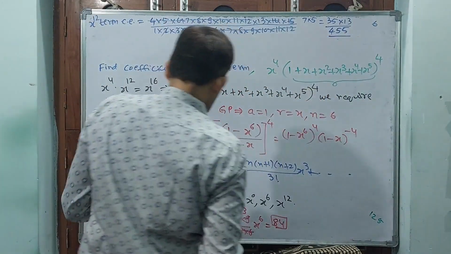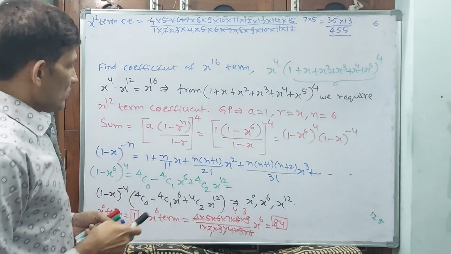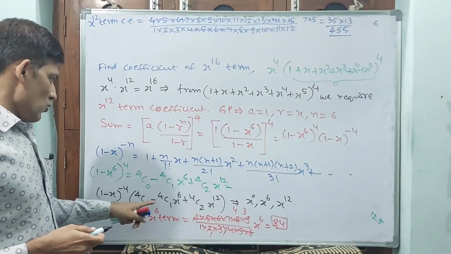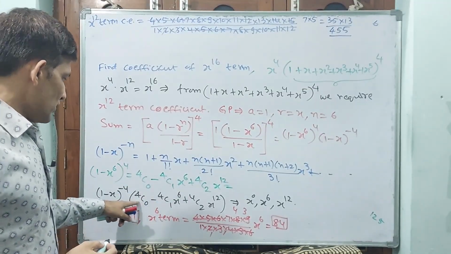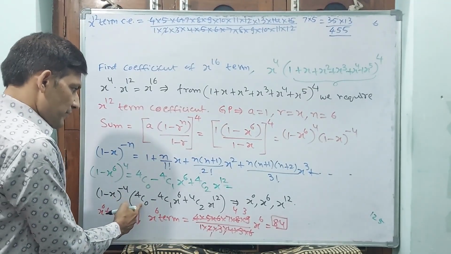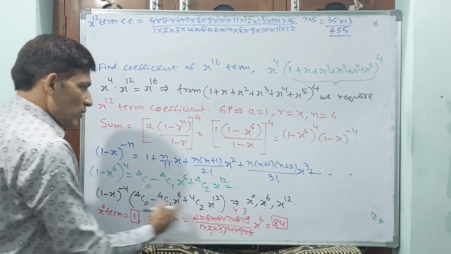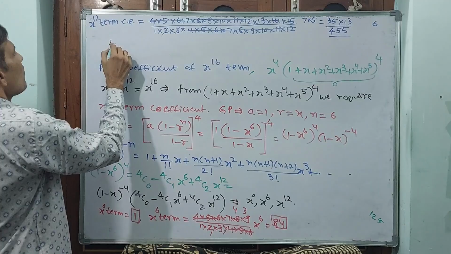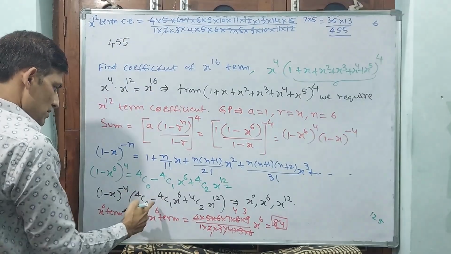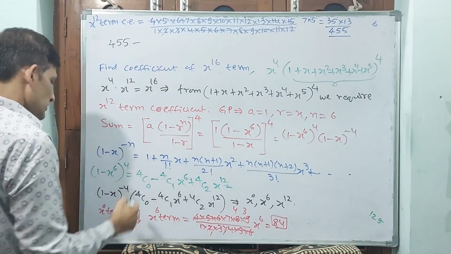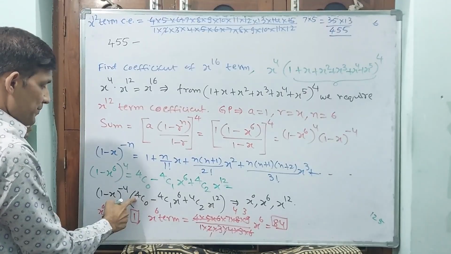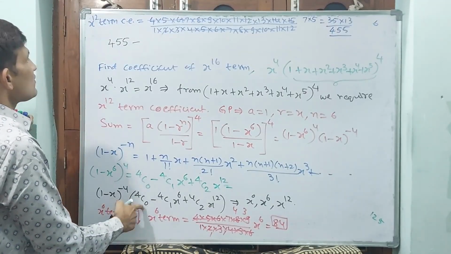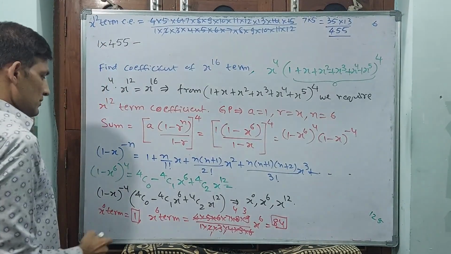Okay. See here what you are going to do with these coefficients. See, one coefficient is negative. 4C0 means what you require? 4C0 goes with the x to the power of 12 coefficient. The x to the power of 12 coefficient is 455. That means 455 minus, okay. One more thing: 4C0 value is 1. That is why 1 into 455.